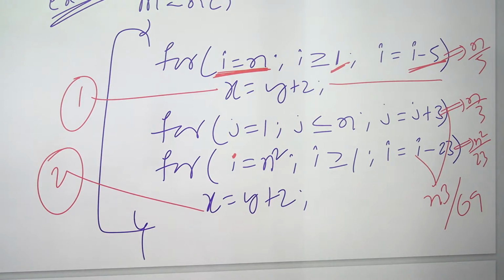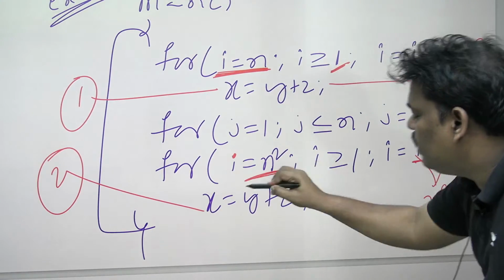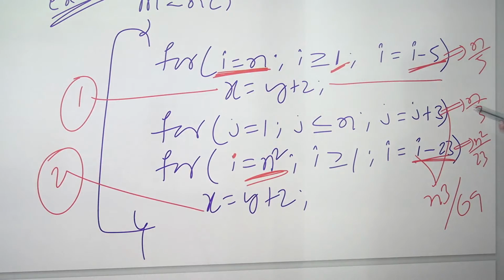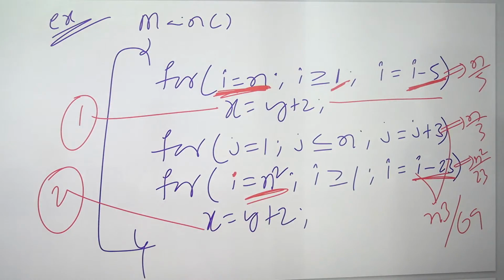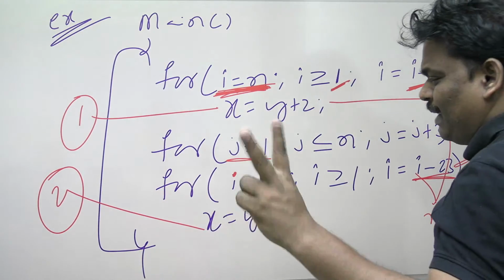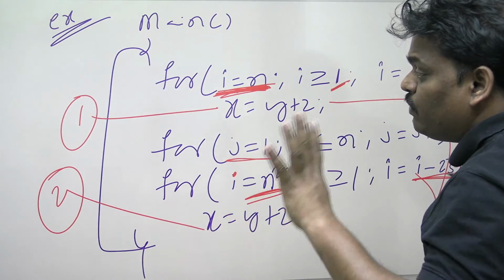Remember, either you do plus 3 or minus 3, it is the same. Plus 3 means start from a small number and increment, minus 3 means start from a big number and decrement. Plus 5 or minus 5 have the same meaning in the number of repetitions.